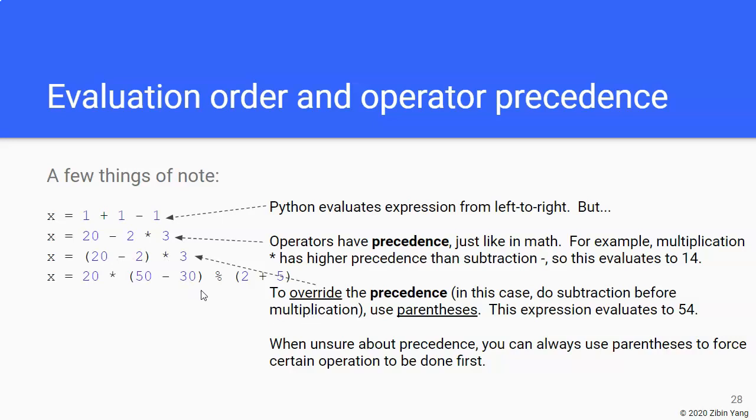Now, the rules of operator precedence can get a little complex. When you are unsure about precedence, you can always use parentheses to force a certain operation to be evaluated first.